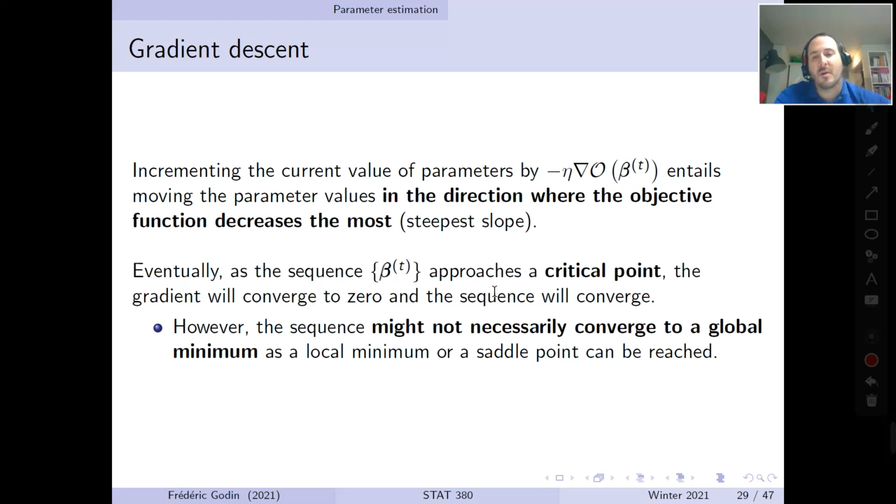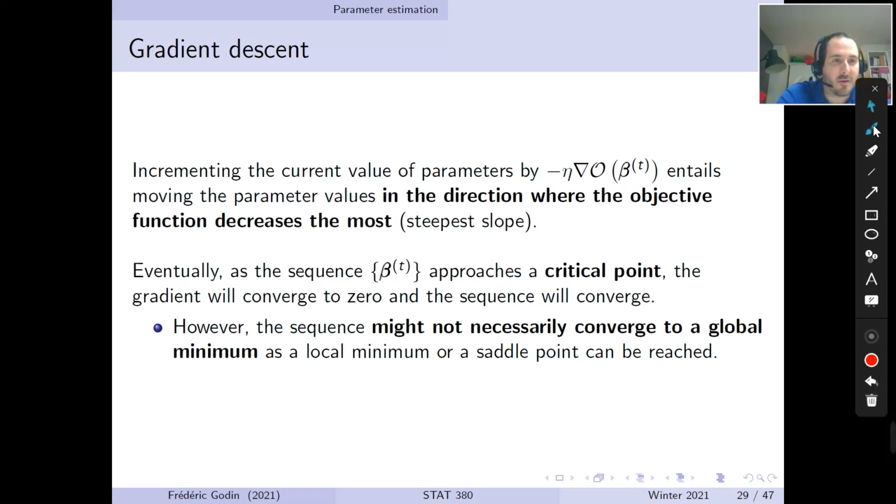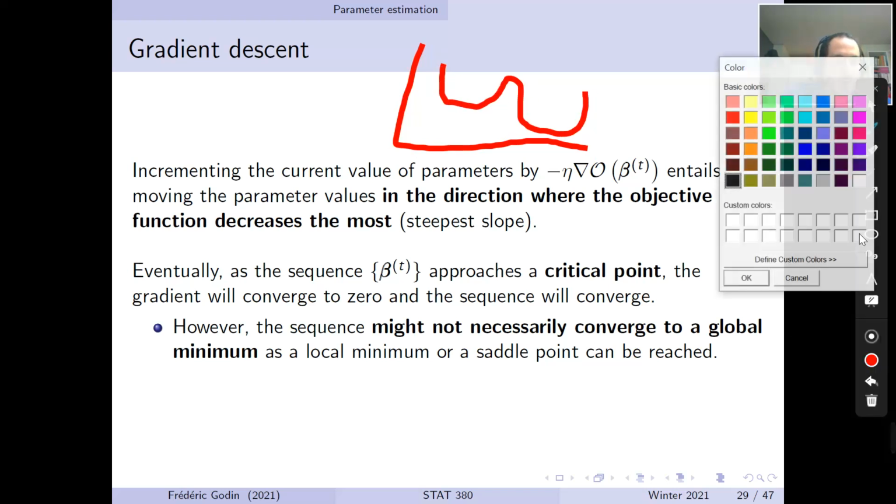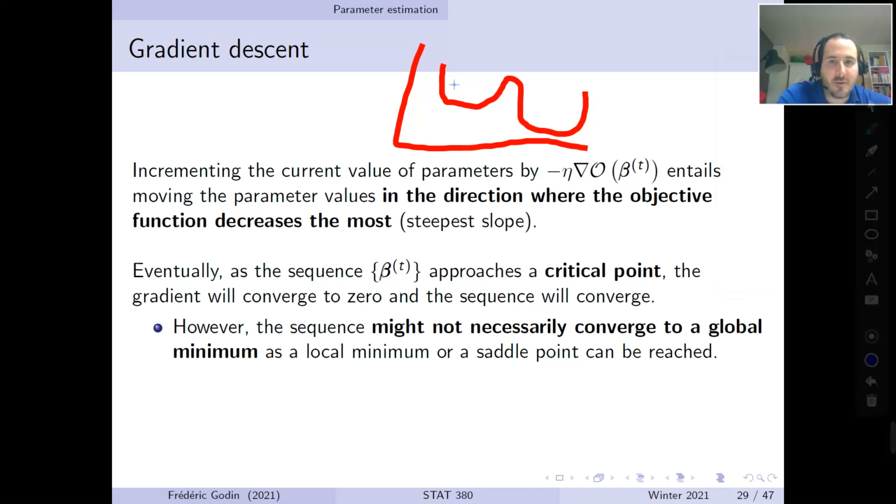However, gradient descent would converge to what we call a local minimum instead of a global minimum. For example, if you have the following function to try to optimize, which looks like this, and you start at this point here, what's going to happen if you just follow the gradient is you'll go like this, like this, and in theory, you should end up here by following the slope, and you should stay there.